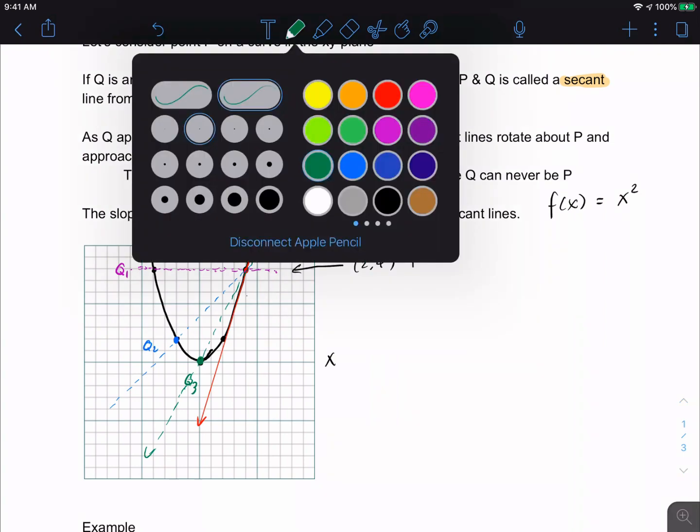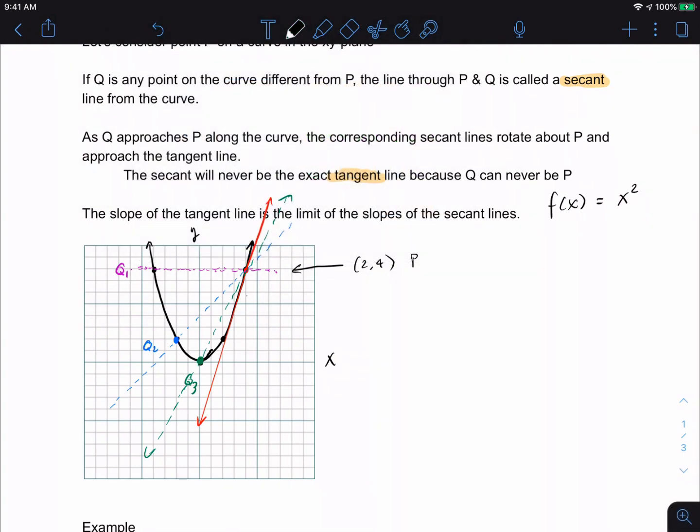So what ends up happening here is, here's some notation for you guys to see. What we did to find the secant, we'll go M secant, was we took points and then found the slopes, right? So if I did it for Q3, that's at 0, 0. I'd have gone 4 minus 0 over 2 minus 0, which would give me a slope of 2 for the secant from Q3 to P, right?